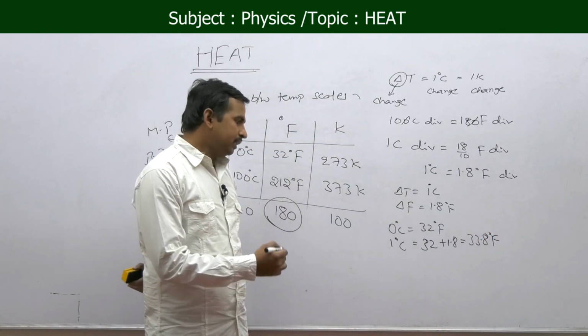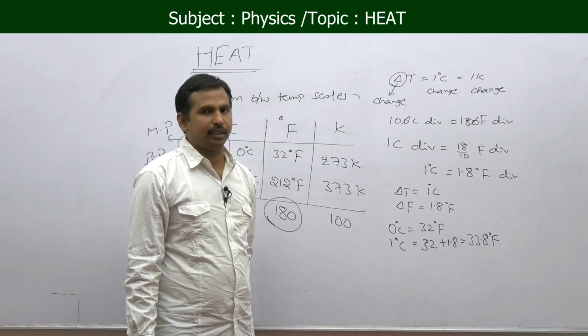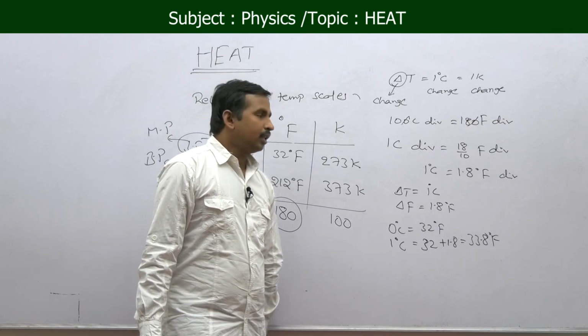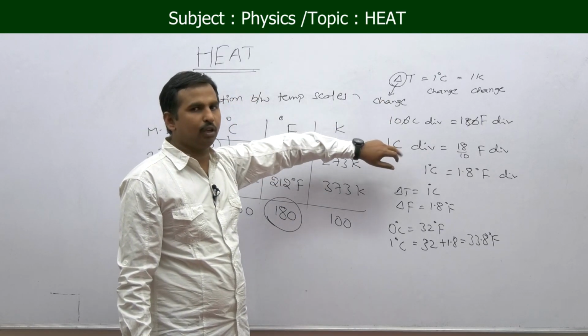So, this is the difference we have in the case of degree Celsius and Fahrenheit relation. This is the relation of the number of divisions of one scale to another scale.